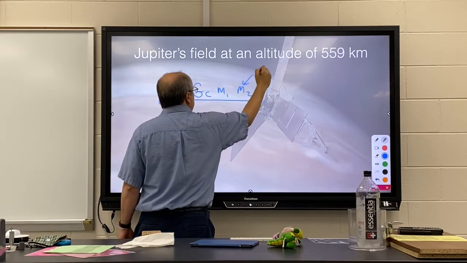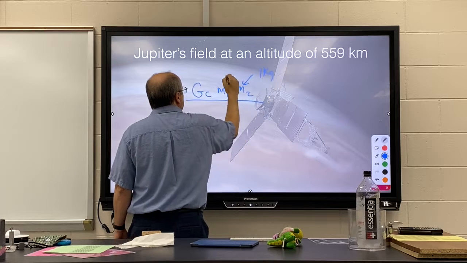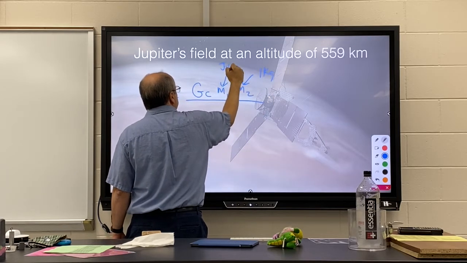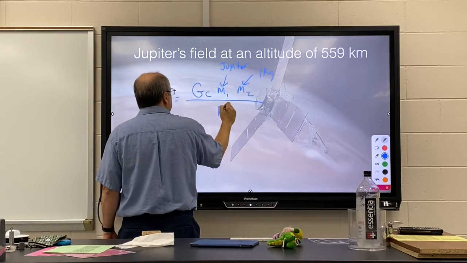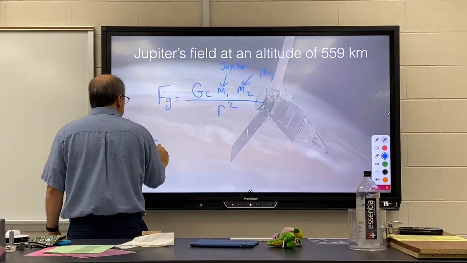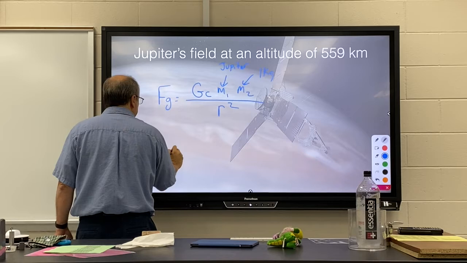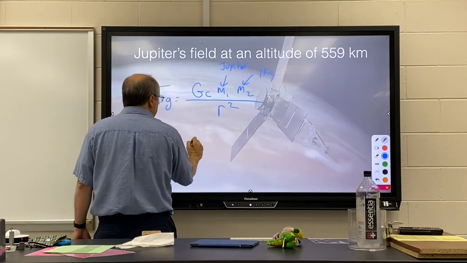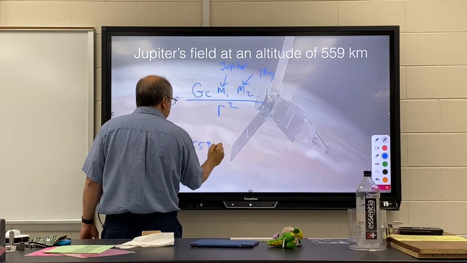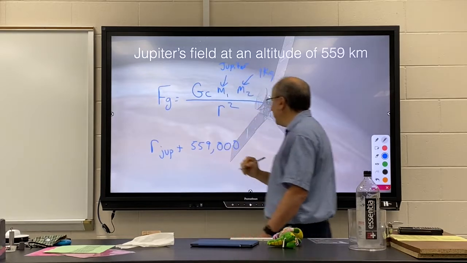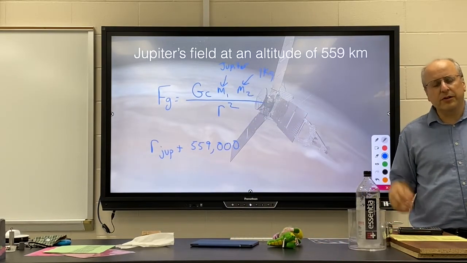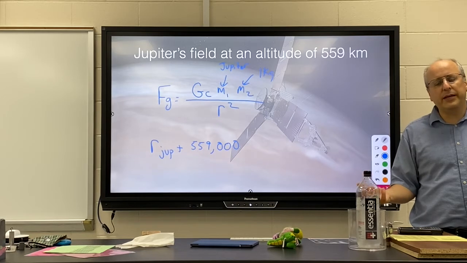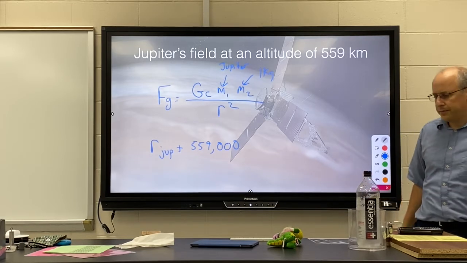Mass 2 can be 1 kilogram. Mass 1 should be Jupiter's mass. And the radius that you use should be the radius of Jupiter plus 559,000 meters. Okay? When you get your answer, compare it to the 9.8 that we experience here on Earth.